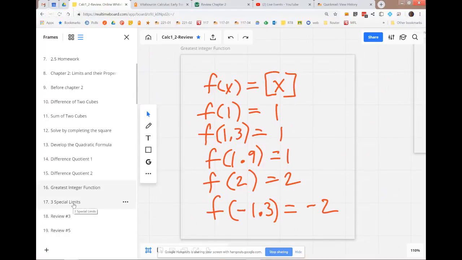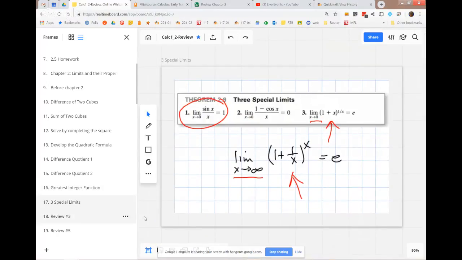The only other thing I want to bring up is, remember, you have 3 special limits that you have to know by heart. And those are those 3 that you see there. The limit as x approaches 0 of the sine of x over x, that's 1.